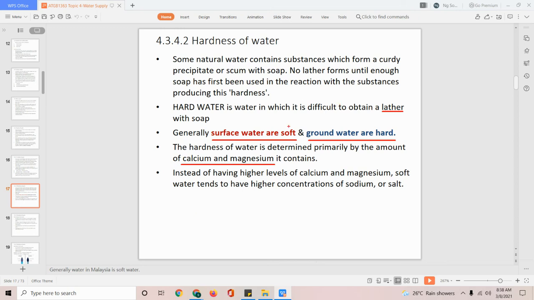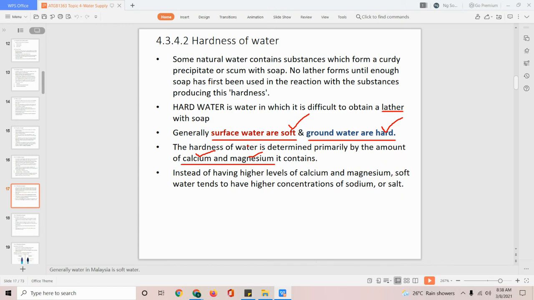So what makes water soft is all based on this calcium and magnesium. Sometimes the water supply that we get in Malaysia might be from underground, so it will be hard water. But generally, the water supply in Malaysia is more towards soft water supply.